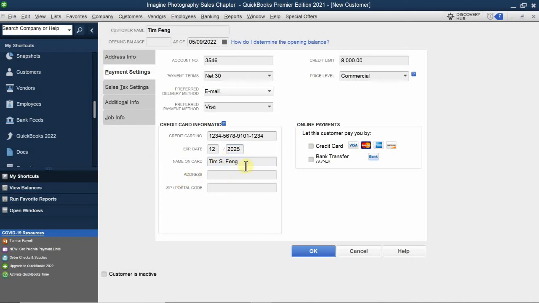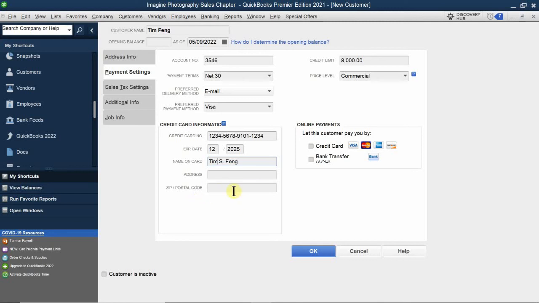Usually it should fill it in for you, you don't have to type anything, but for any reason, let's say Tim's card says it's Timothy, then you're going to have to fill it in, Timothy S. Fang, because it has to match the cardholder's name on the card. Okay, again, that's another security purpose.